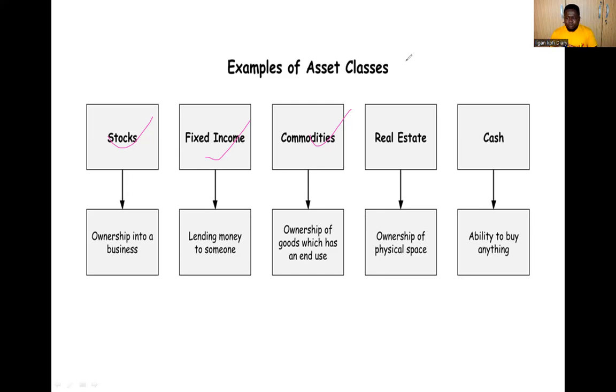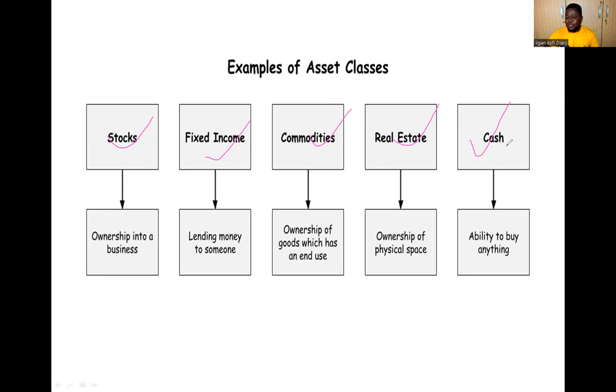So now, when you look at these assets, whether we like it or not, we belong to one of them. Yes, there are 5 of them. Ask yourself, which of them are you part of? The stock, the fixed income, the commodities, the real estate, or the cash? The cash aspect is also where the forex market is.